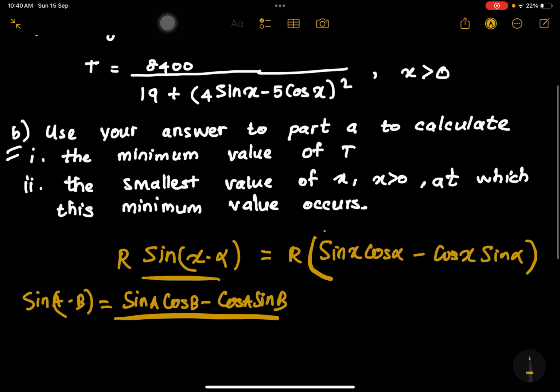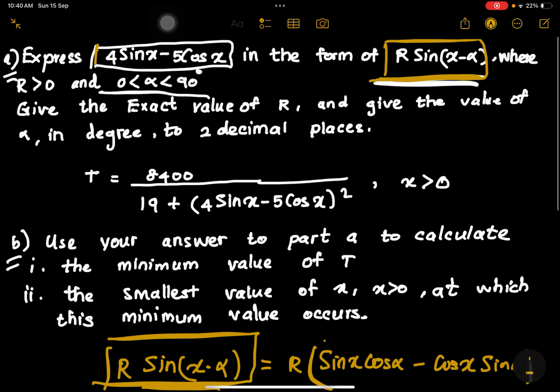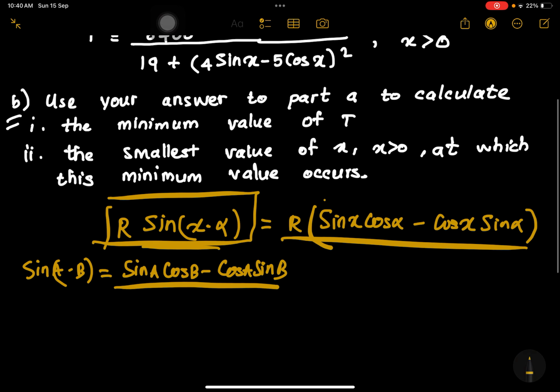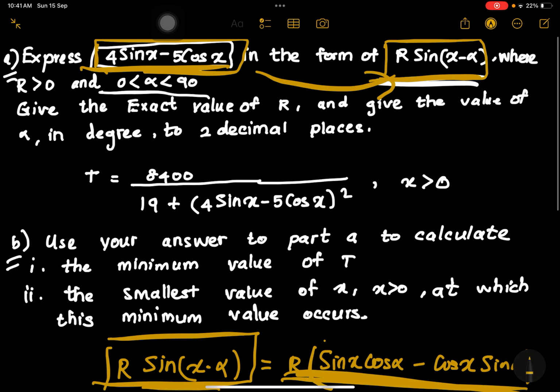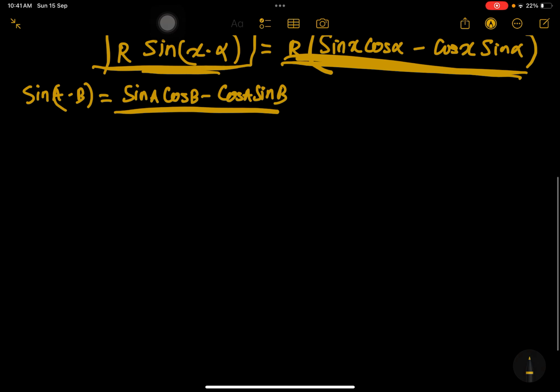If you want to make this one into this one, you have to put it in the format of the expansion of sin(a minus b). But let's take what is given: 4 sin x minus 5 cos x.